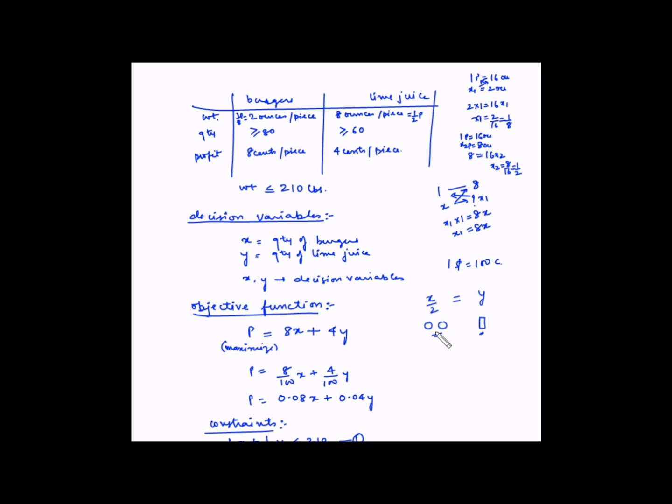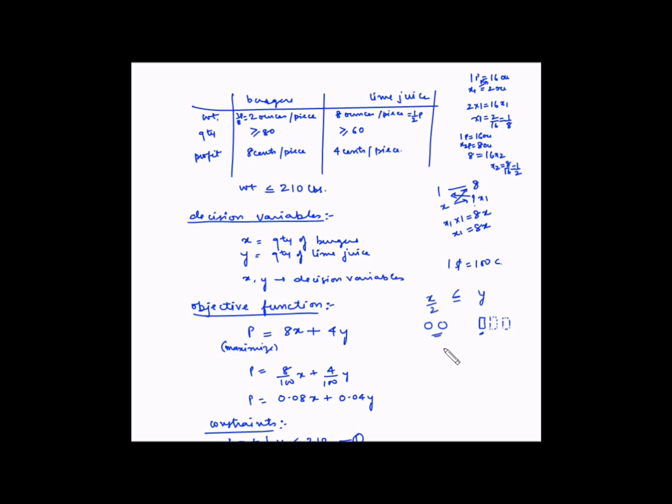Now the statement says he needs at least 1 lime juice, so if he has 2 burgers, he can have 2 lime juices or 3 lime juices or any other number, but at least he needs to have 1. So y can be greater than or equal to x by 2.